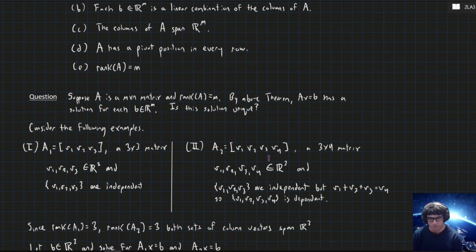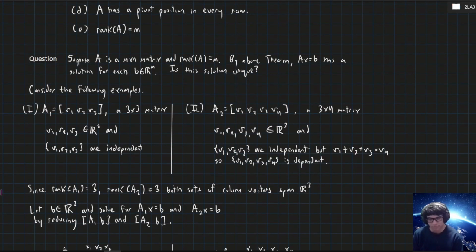So we're going to ask, how many solutions does A1 x equals b have, and how many solutions do we get here? The rank of A1 is 3. It has 3 independent vectors.